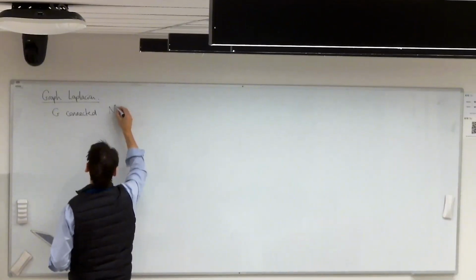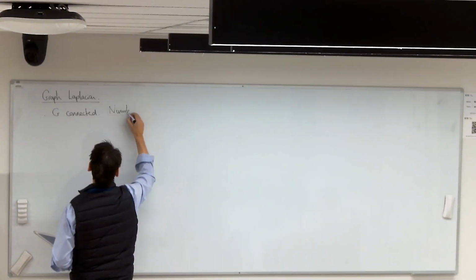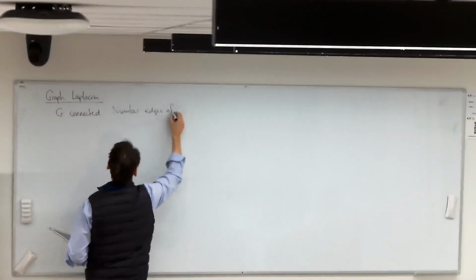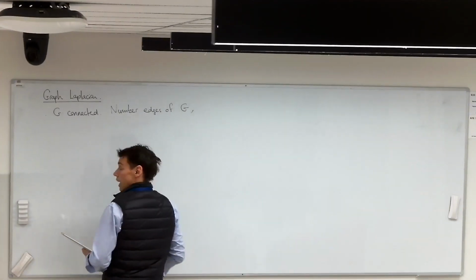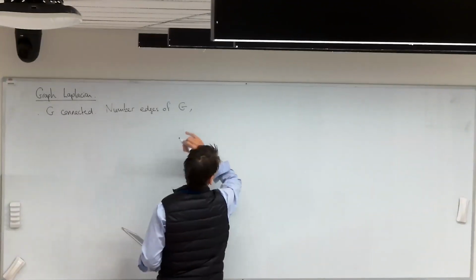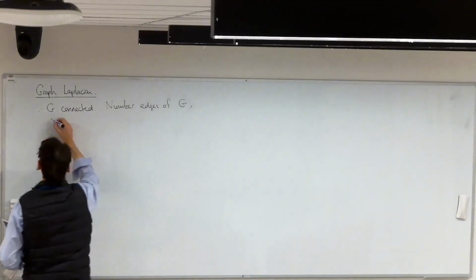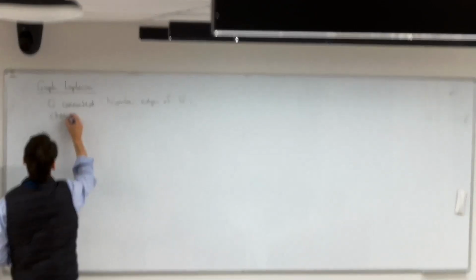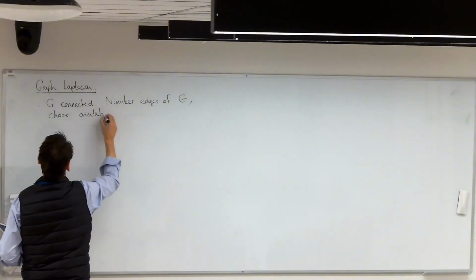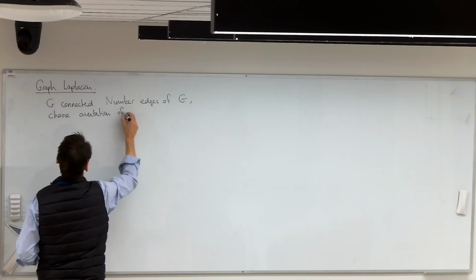And as usual, we're going to number the edges of G, and we're going to choose an orientation on each edge. Choose any orientation on each edge.